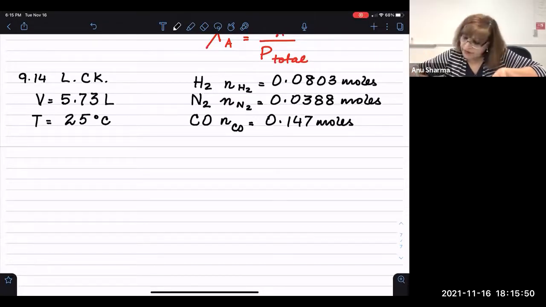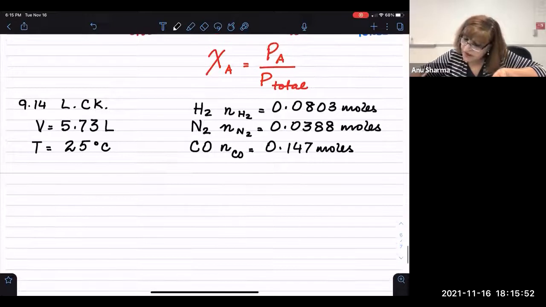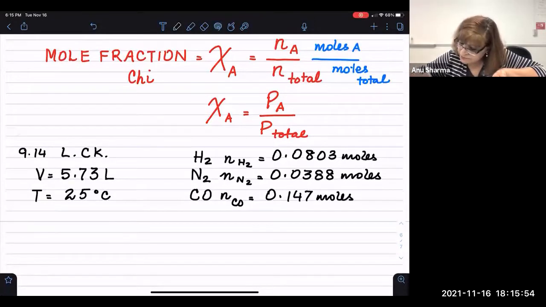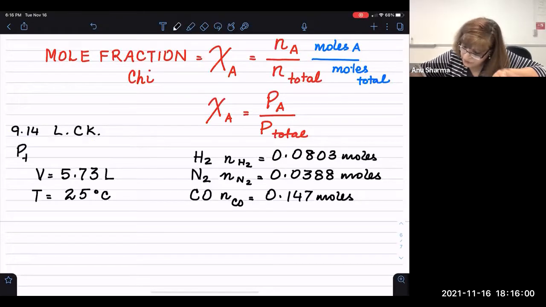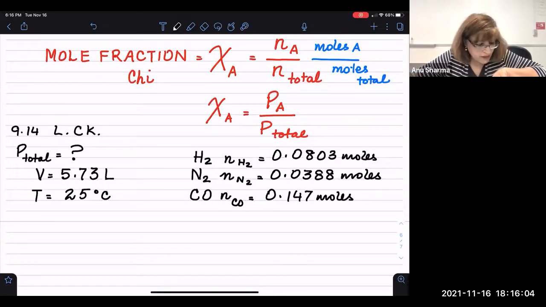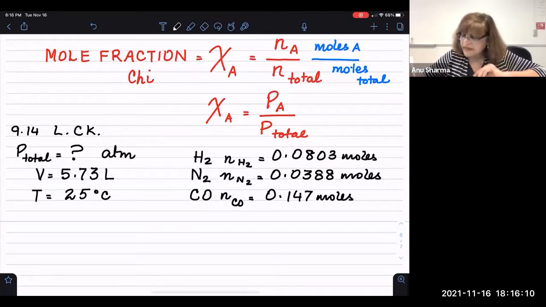What is the total pressure? So find P total. In the flask, what is the total pressure in atmospheres? So you need to get this in atmospheres, ATM, that's the unit.